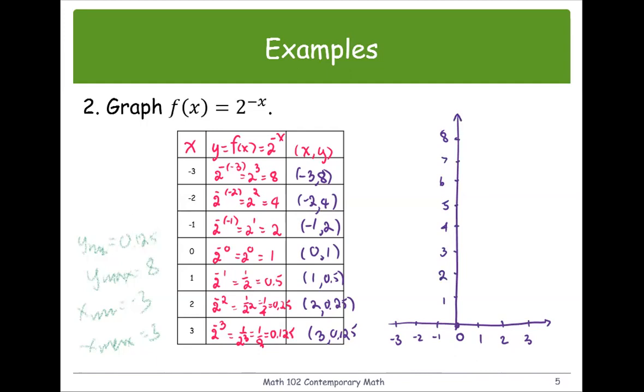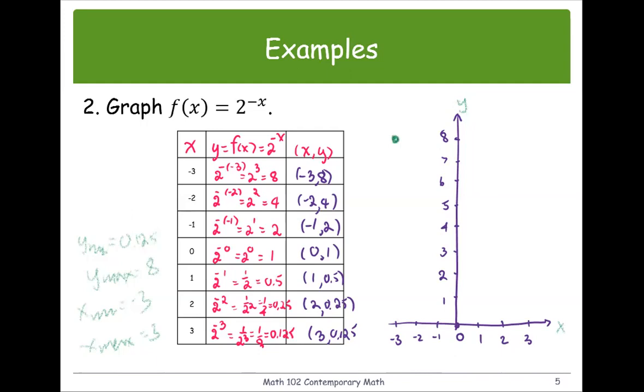Okay, and next we're going to plot the ordered pairs on the graph. The first one is -3, 8, where this is the x axis, this is the y axis. For the -3 for the x and then y is +8, the ordered pair will be up here.